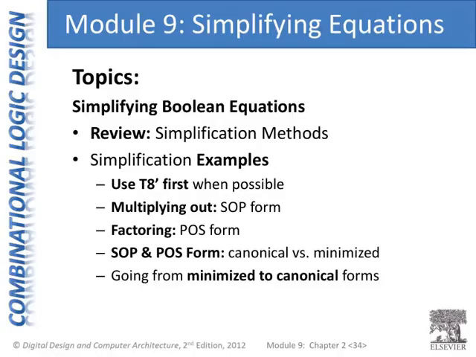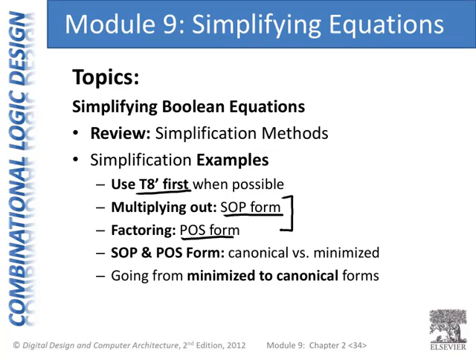So our topics in this module, again, were to review our simplification methods and do some more examples with simplification. We showed that when possible in simplifying, it's best to use T8 prime first. And then we showed ways of multiplying out and factoring. Factoring is useful in turning equations into POS form, and multiplying out is useful for converting equations into SOP form.